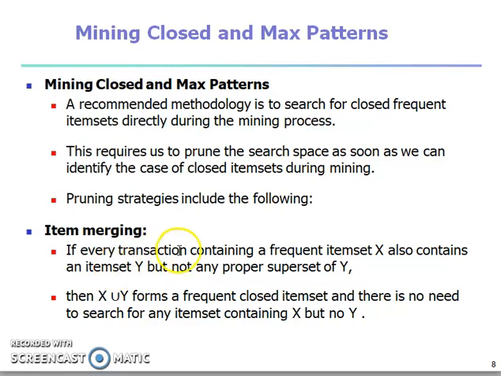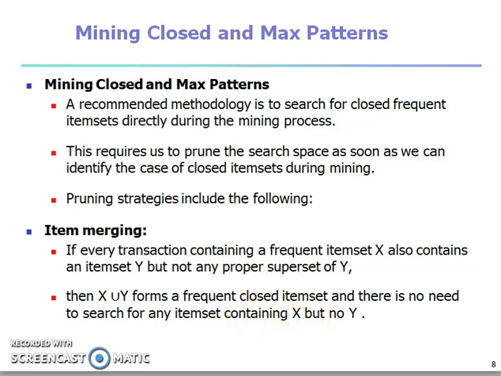If every transaction containing a frequent item set X also contains an item set Y, but not any proper superset of Y, then X union Y forms a frequent closed item set and there is no need to search for any item set containing X but not Y.